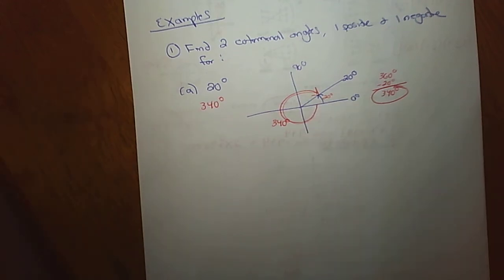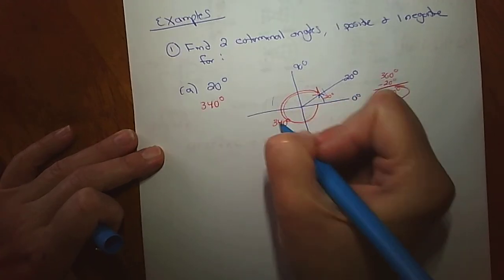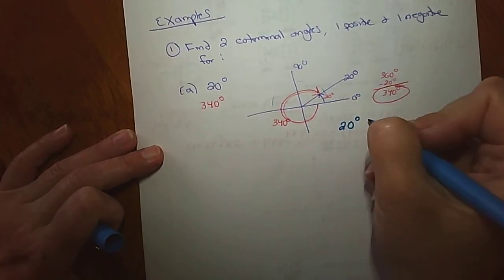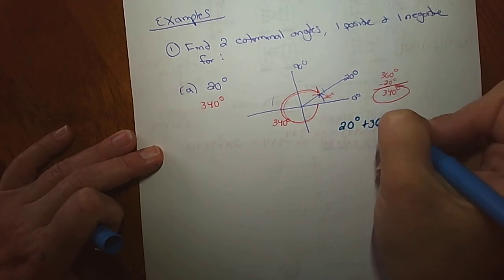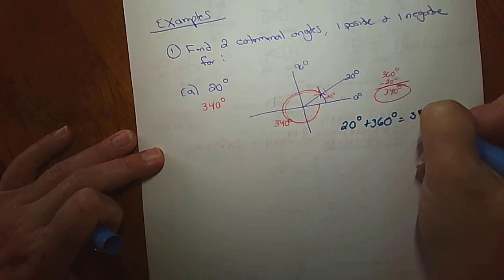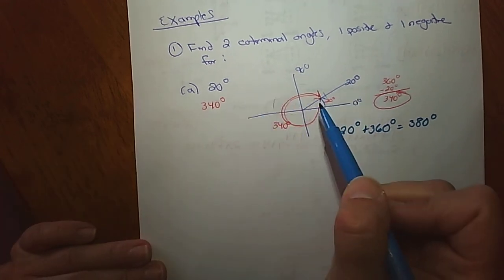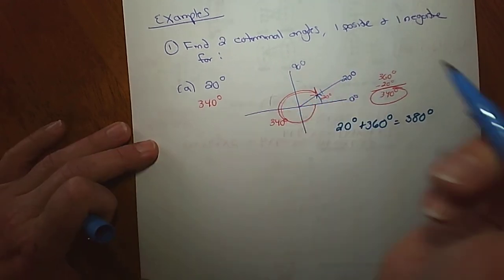Now, it's easy to get another positive because, check it out, if you go a whole way around a circle again, so if I take 20 degrees and add on 360, what would I get? 380. That will also bring me to the exact same spot because we're just going in circles.